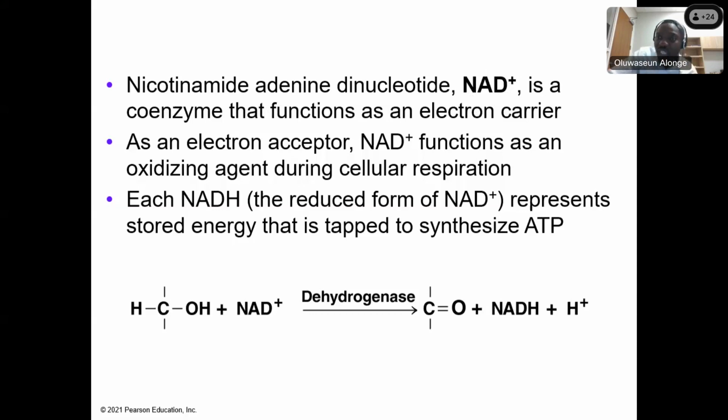Now, listen again. When electron falls, what goes with it? Heat. So anytime you see E minus, which is electron, what are you expected to see close to it? H plus. And when H plus and electron move together, if electron is falling like this now, and H plus follows, what is it going to make? It's going to make hydrogen, which is exactly what I showed you here before. I will draw it again here.